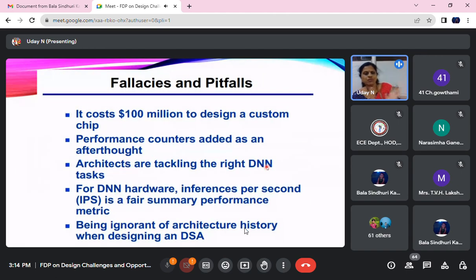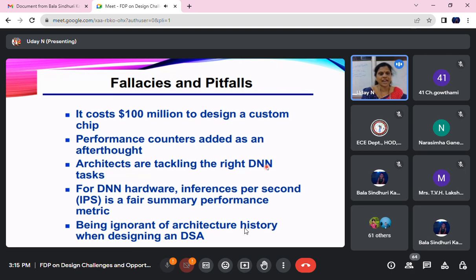Everything is fine so far, so good. We have talked about how a dedicated processor is important, how we can perform any deep learning architectures using the deep learning processors. But the major problems associated with this kind of implementation of VLSI architectures are that it costs around 100 million dollars to design a custom chip, and the performance was not calculated before.